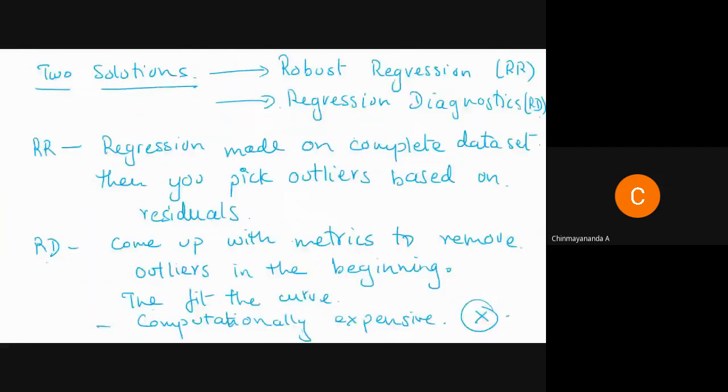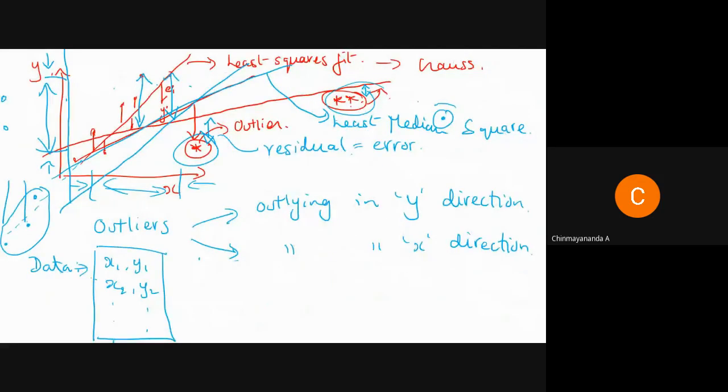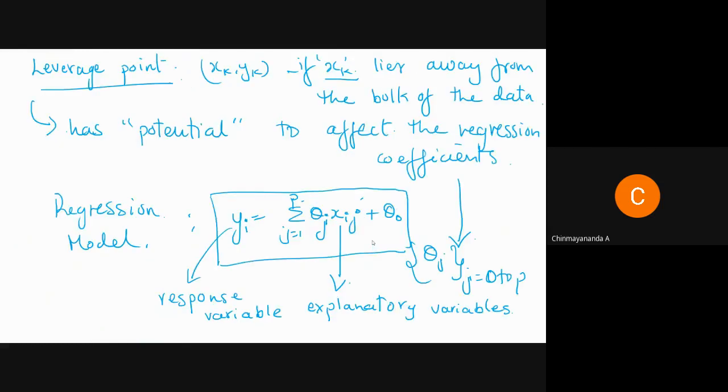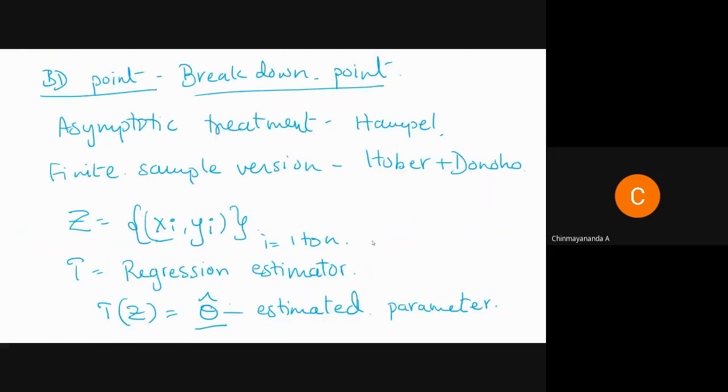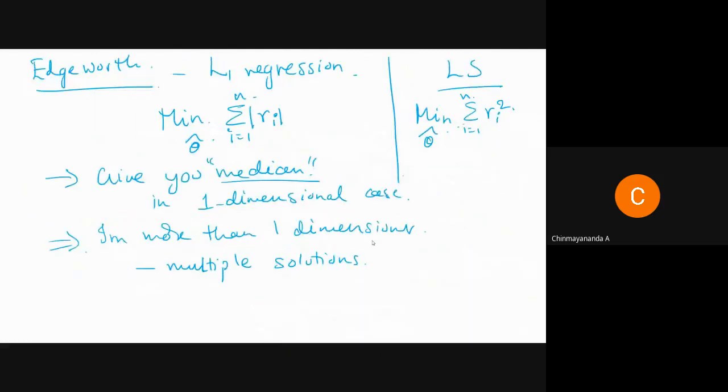Intuitively, you will end up with least median square if you do L1 regression in the one-dimensional case. But in higher dimensions you will not get least median square, because the notion of median is not there.